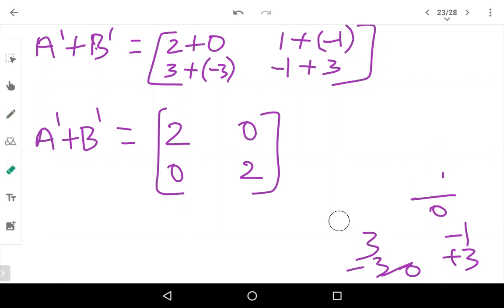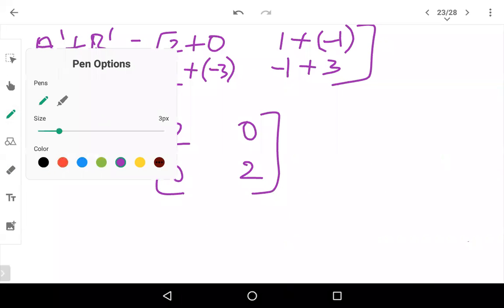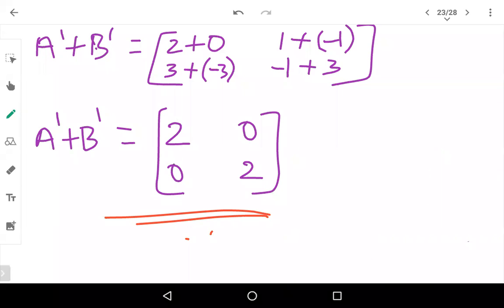This is the final answer that is required. Understood? Any doubts here? Can we go to the next question quickly then?